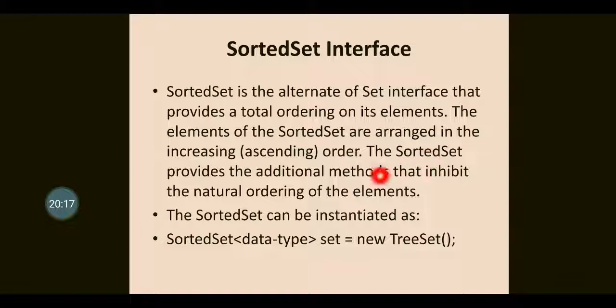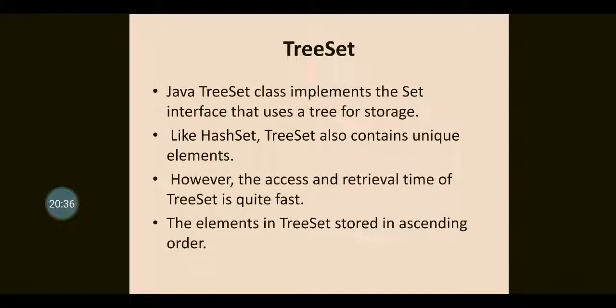The SortedSet interface provides additional methods that inhibit the natural ordering of the elements. The SortedSet can be instantiated as SortedSet, data type, and set, this is the object name, equal to new TreeSet, where TreeSet acts as a constructor, which is the implementation class of the SortedSet interface.